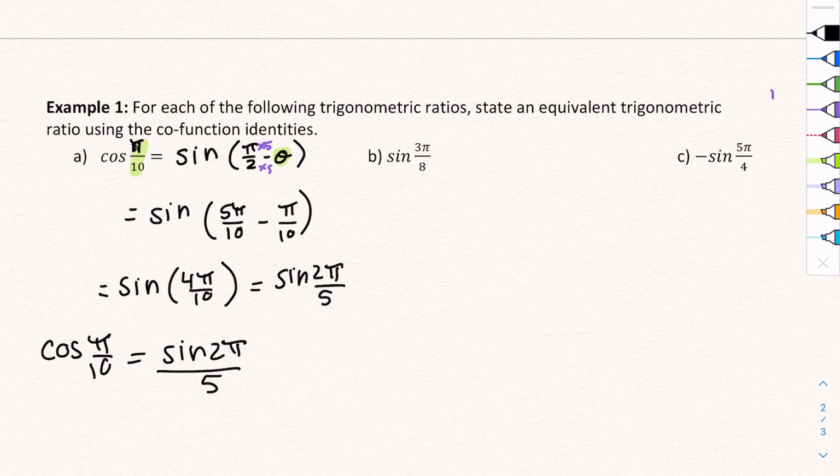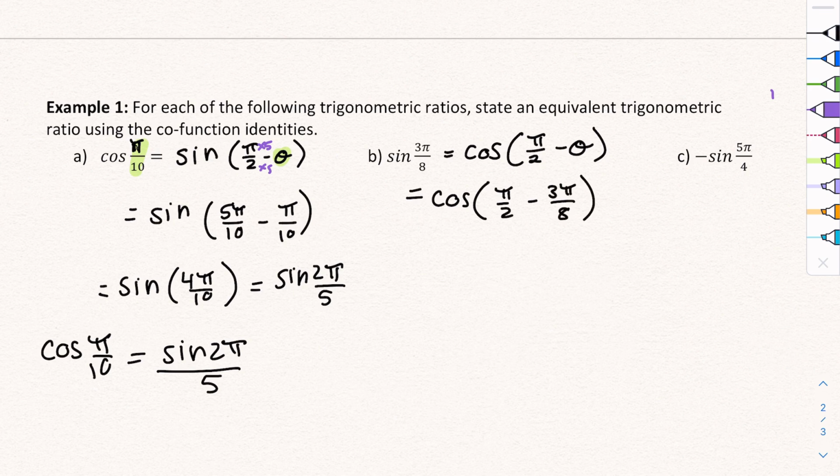So let's try the next one. So we have sine 3 pi over 8. So we're going to be using cosine, the equivalent, pi over 2 minus theta. So we're going to have cos of pi over 2 minus 3 pi over 8. So what do we have to do here?